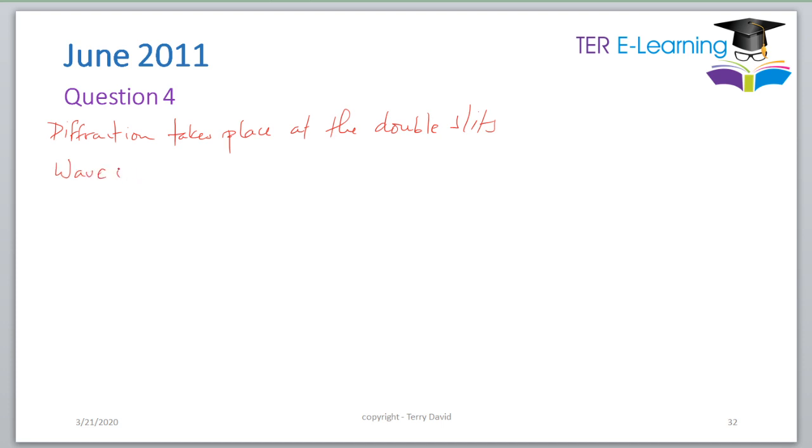So the waves overlap. Now when the waves overlap, you're going to get bright and dark fringes being produced. So what we're going to say now is at the bright fringe, we're going to have constructive interference.